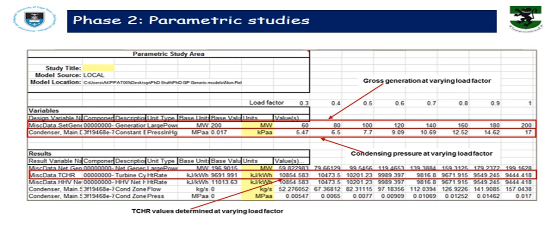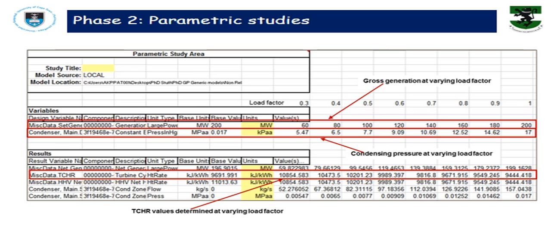Now, towards the end of phase 1, before the beginning of phase 2, one had to run the model at full load, get the results, and validate the results. Once the results for the full load are validated and satisfactory, we proceed to phase 2.